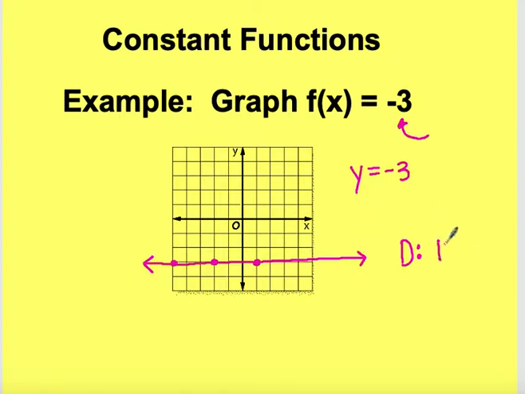So the domain for constant functions is always all real numbers. My range is the only y value that is present, which is -3. So my range is all y values such that y is equal to -3. That is a constant function, and that's how we find our domain and range.